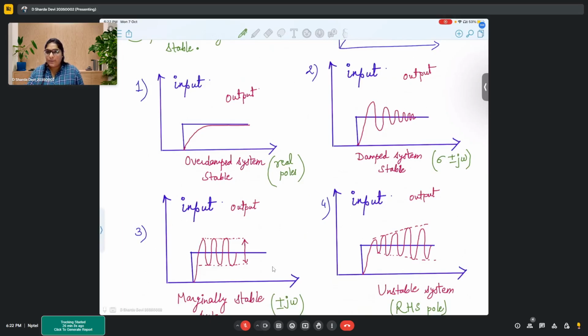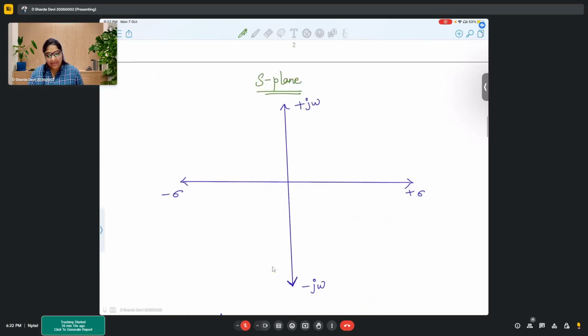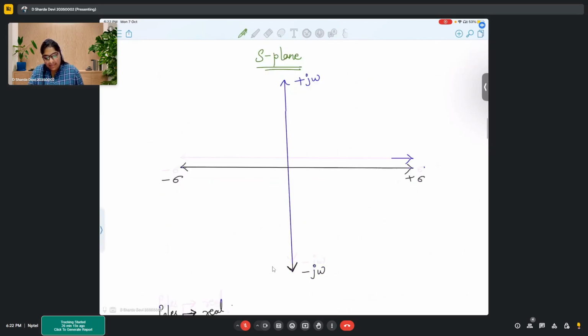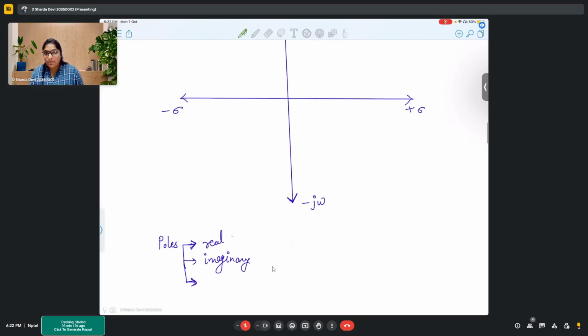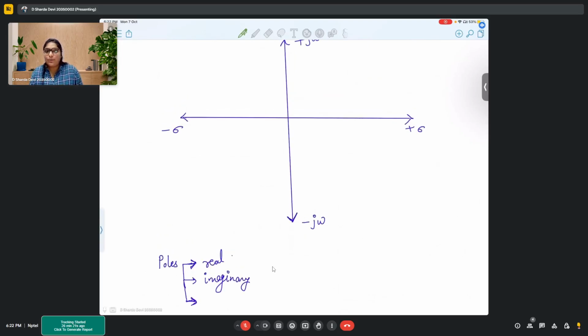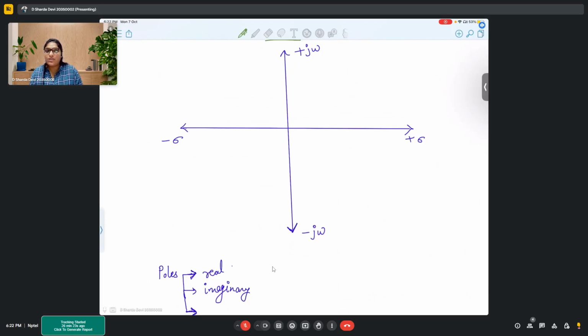Now, in S-plane, where are the possibilities that you can place two poles, right? Your poles can either be real poles. When it is a real pole, that means it will only come across your x-axis or the sigma axis. Those poles are called real poles.